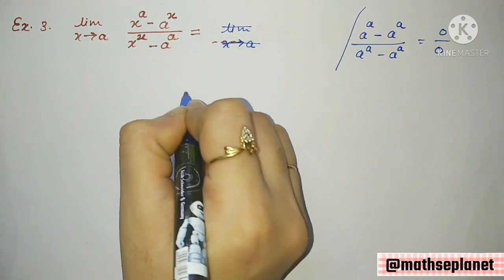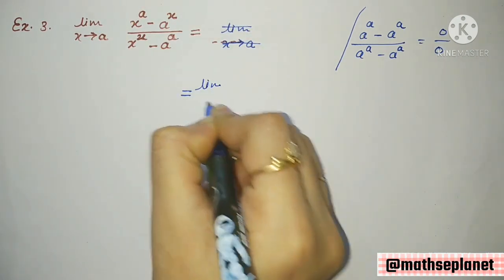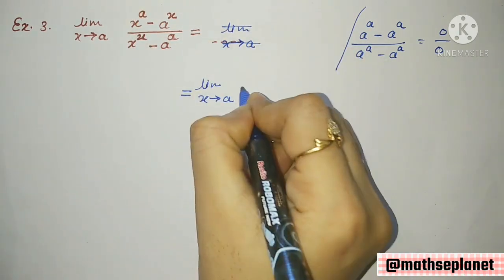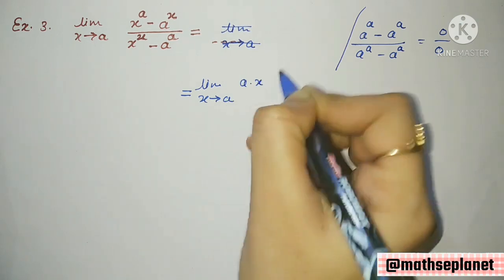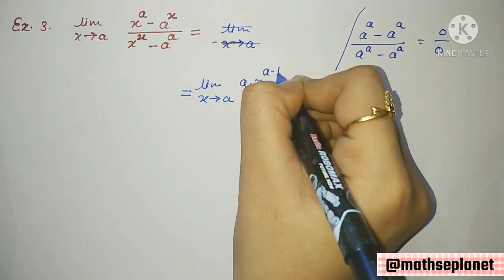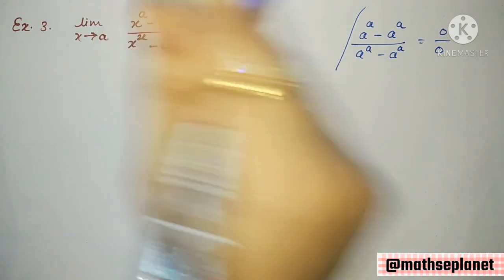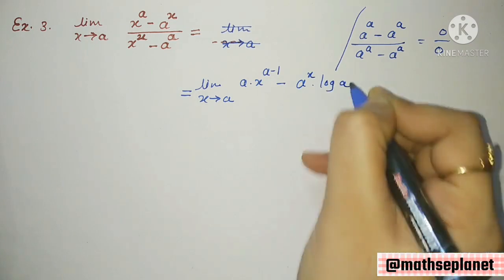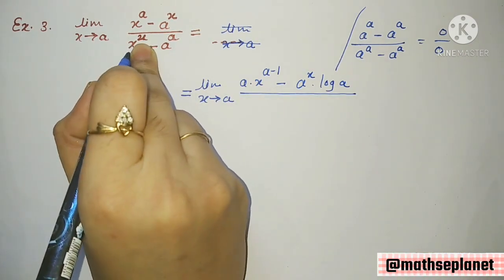We'll write here limit x tends to a, take the derivative of numerator. Derivative of x raised to a is a into x raised to a minus 1, minus the derivative of a raised to x, which is a raised to x into log a, divided by derivative of x raised to x.